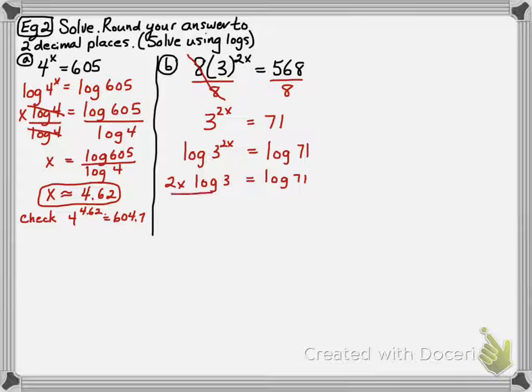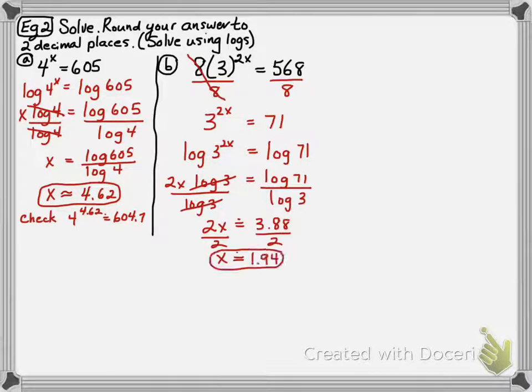Now you can divide both sides by the log of 3 to get 2x is equal to 3.88. Then you can divide both sides by 2, and you're going to get x is approximately 1.94. Again, you could substitute to check your answer. I'll leave that to you.